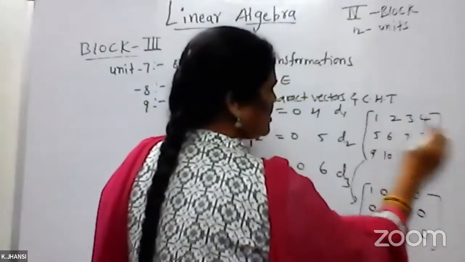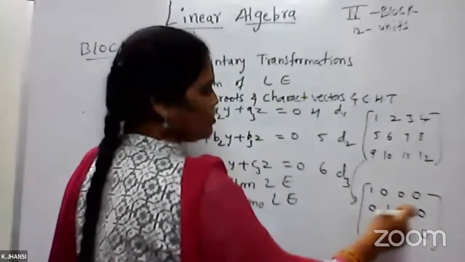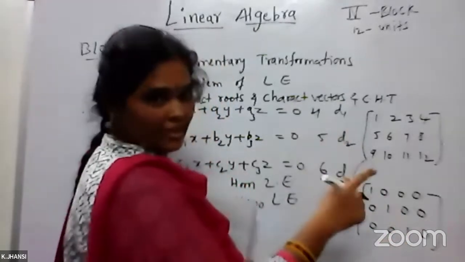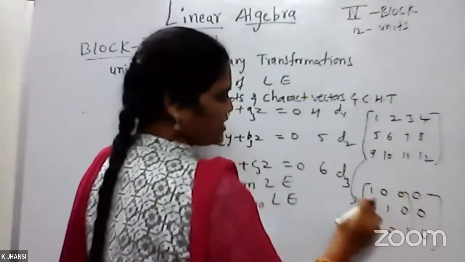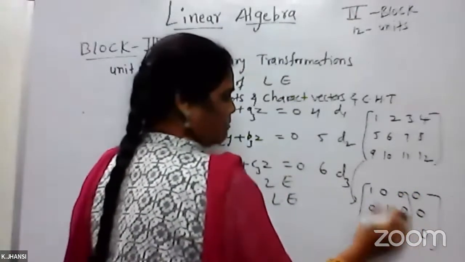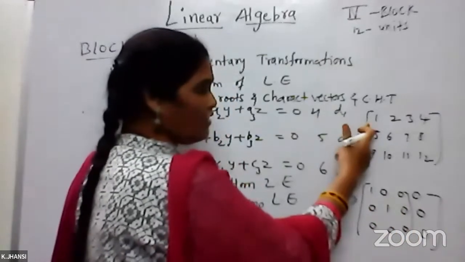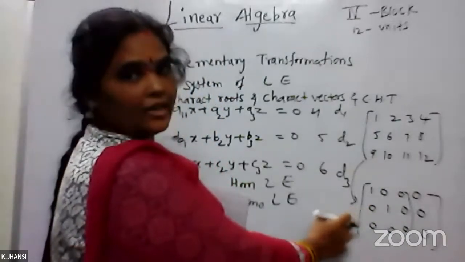Whatever the elements are, you have to convert them to 1, 0, 0, 0, 1, 0, 0. This is the identity matrix of 3 by 3. In some cases, you may get the identity matrix of 2 by 2 also. So when you convert the given matrix like this, it is called the normal form of a matrix.